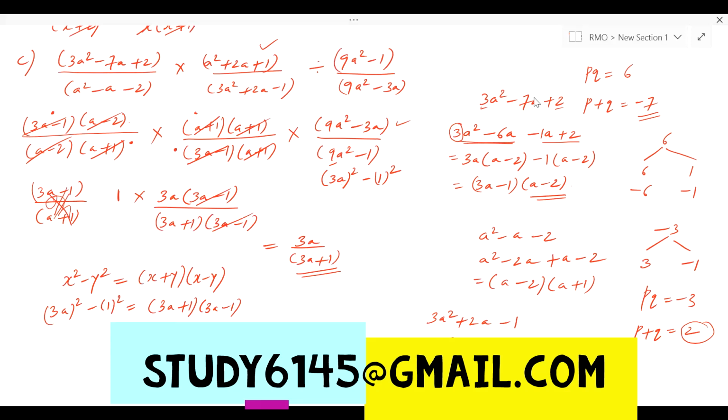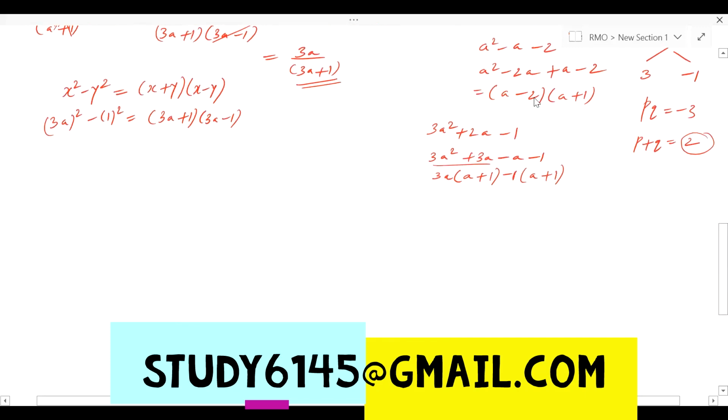Yes, okay. Now I understood. Let's practice one more question. Just write down this one. 8x squared minus 22x minus 21 equal to 0.